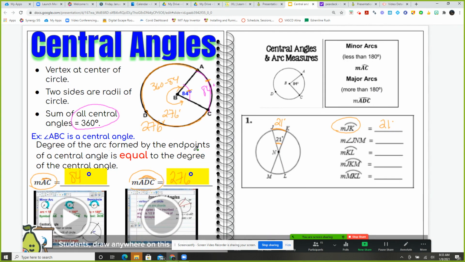And then J to N to M, and that's an angle, JMN. So if I start at J and I go to N and then I go to M, I want to know this green angle here. Well, MNK is the diameter, right? So these two, the green and the orange pieces, should equal 180 degrees. So if I do 180 minus 21, what do I get?